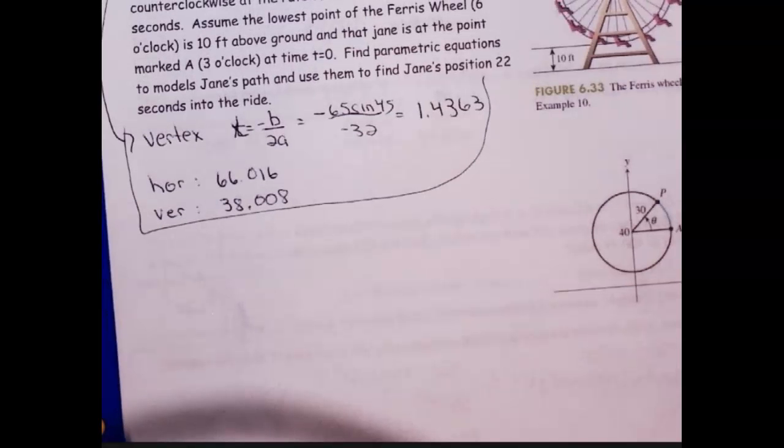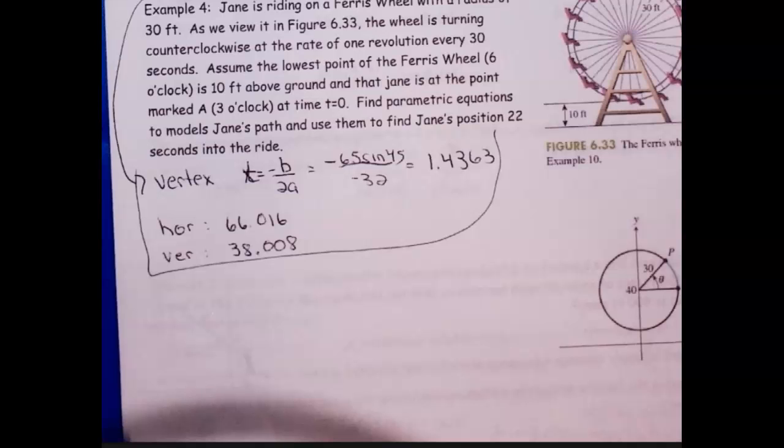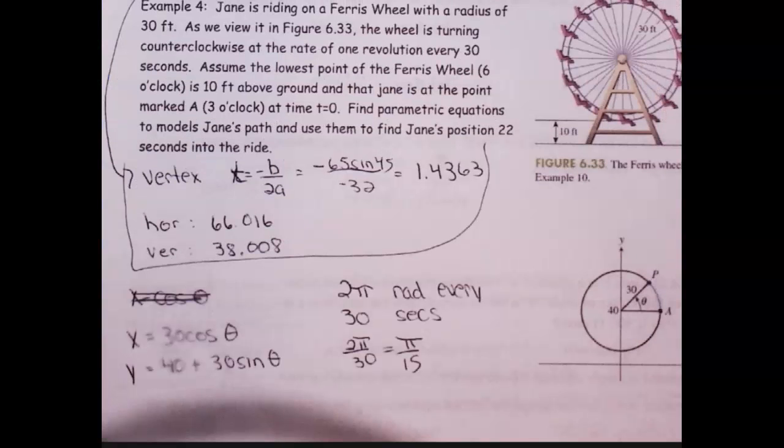Okay, the last question is back to that Ferris wheel, which we can actually set up 2 parametric equations to show the horizontal distance and the vertical distance as well. So for the last one, we've got 2 parametric equations.